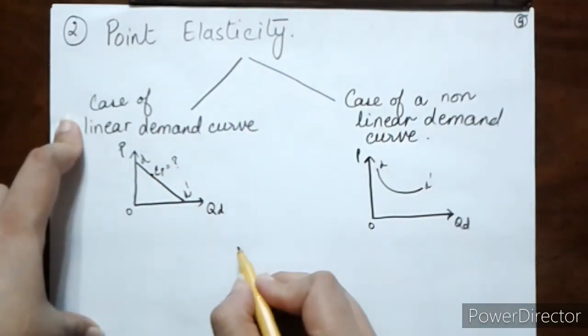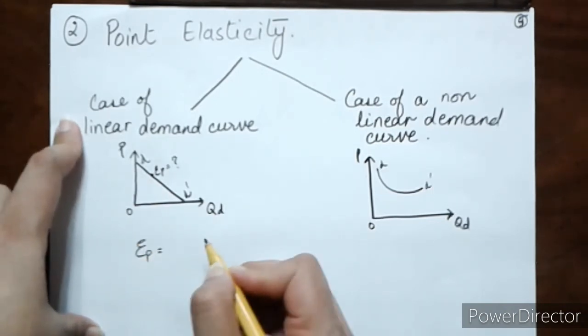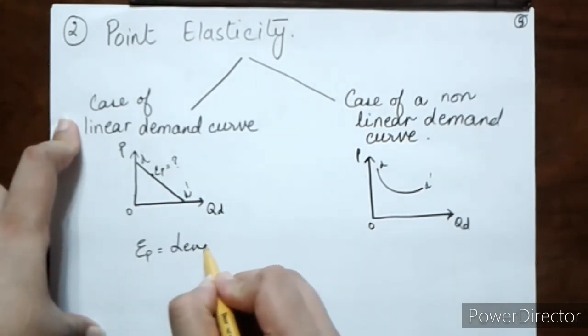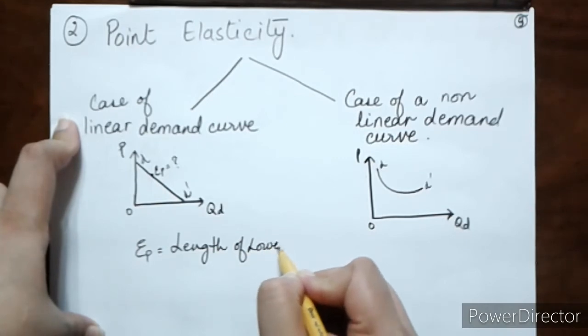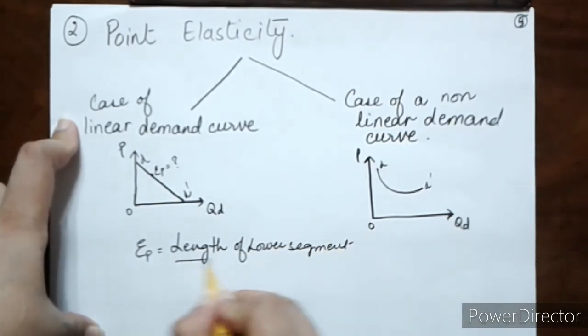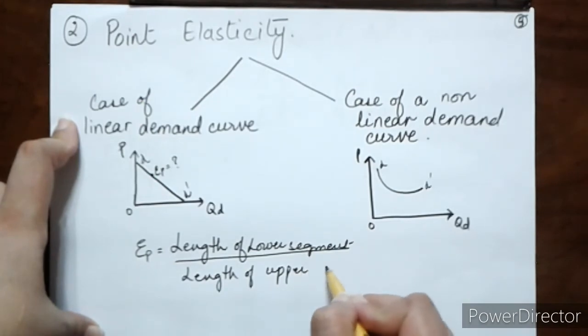I am going to use this formula, that price elasticity of demand is equal to length of lower segment divided by length of upper segment.